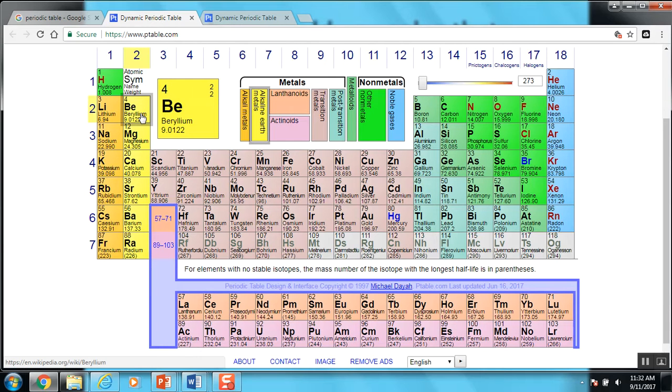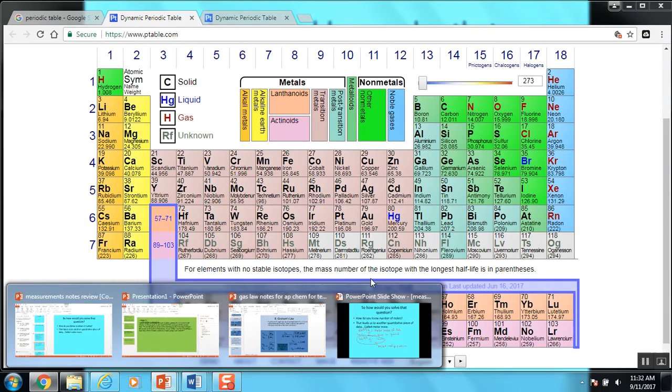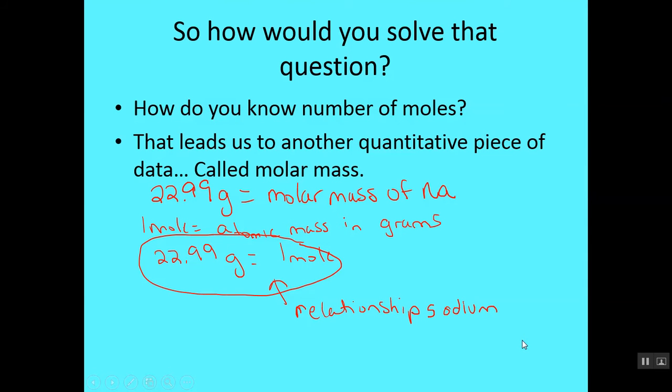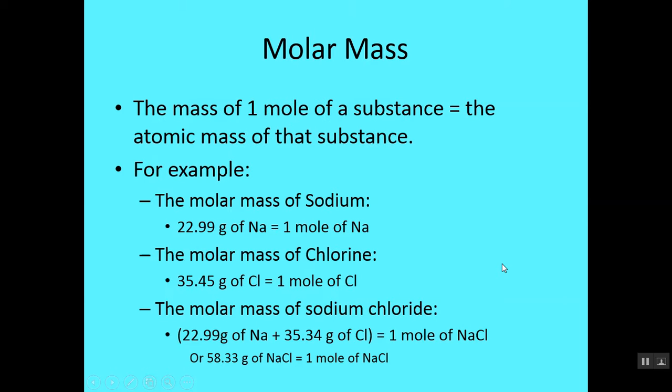We could figure out the molar mass of any element by simply looking at its mass on the periodic table. That would mean that by seeing that, we automatically know how much mass of that element is in 1 mole. That's what molar mass is called.